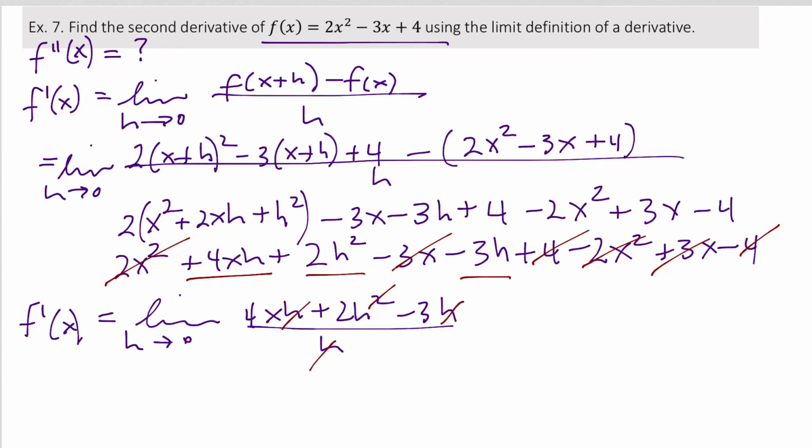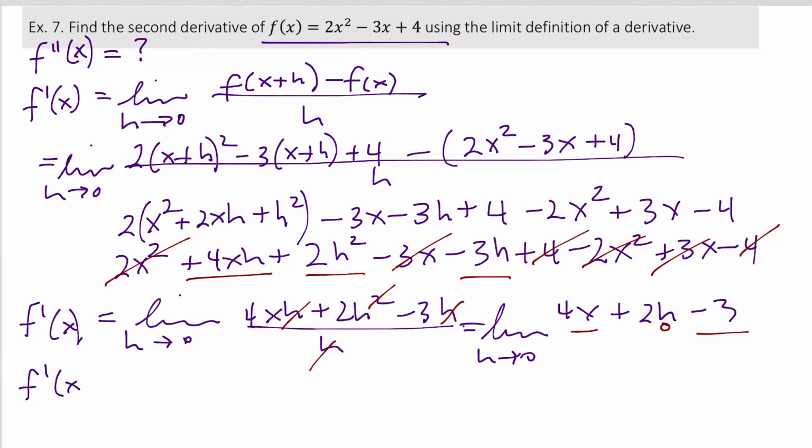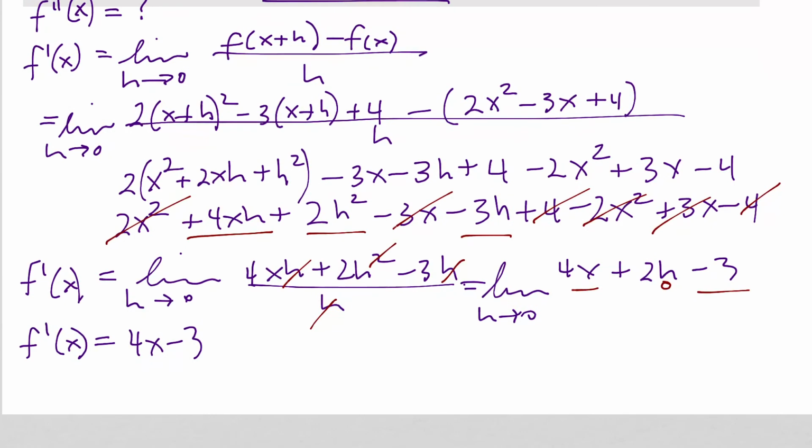So we're going to take the limit, as h approaches 0, of 4x plus 2h minus 3. All right, so that means I'm going to substitute 0 for h, so I'm left with 4x minus 3. So we found f prime of x, which is equal to 4x minus 3 using the limit definition.